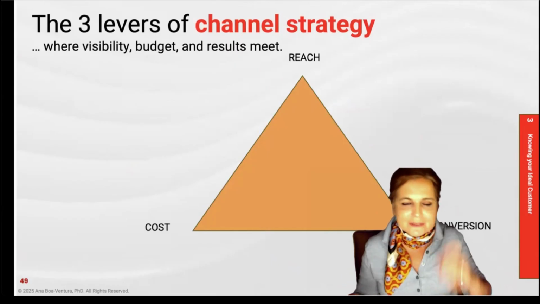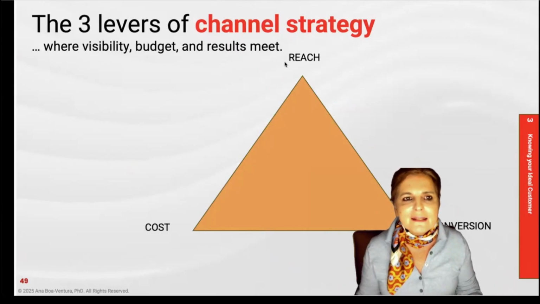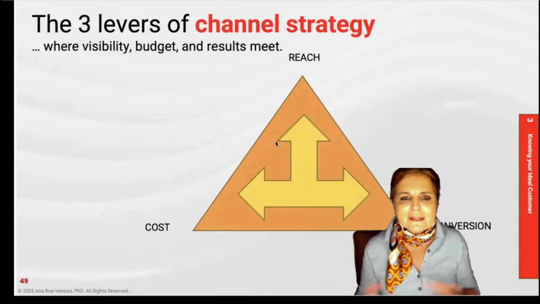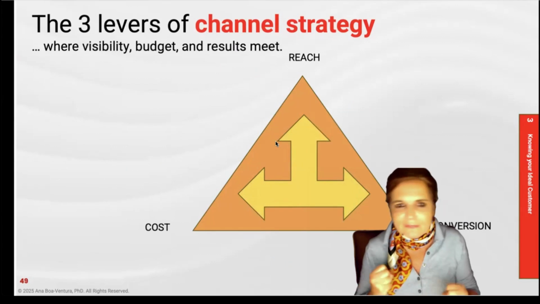So the vortex is towards the top. You've got reach on the vortex, conversion, and cost. These are three vortexes, let's put it that way. And there's usually a tension between all three.